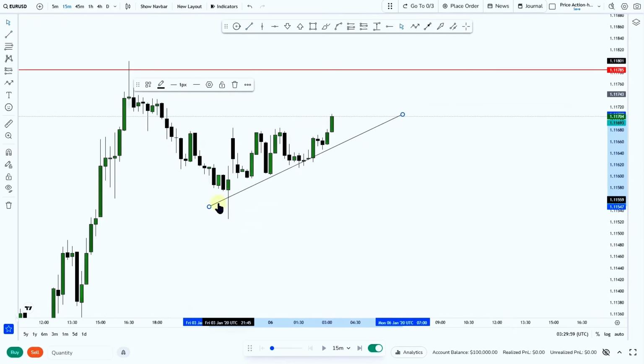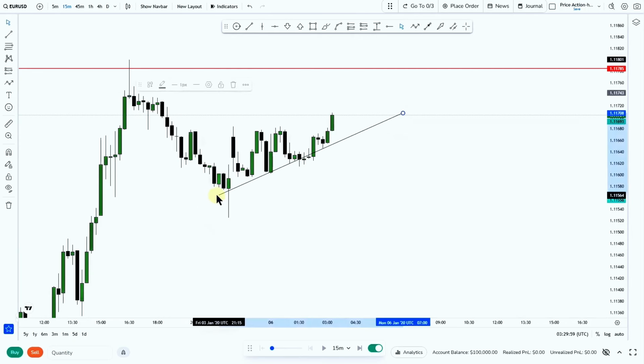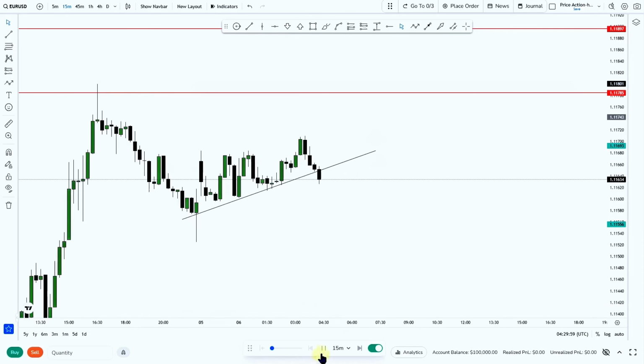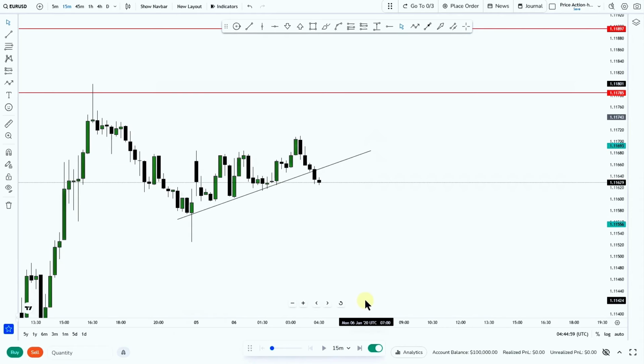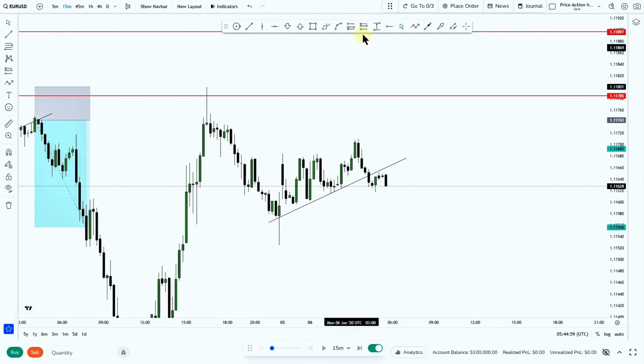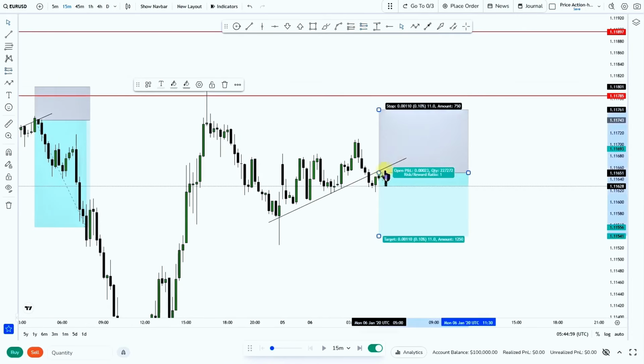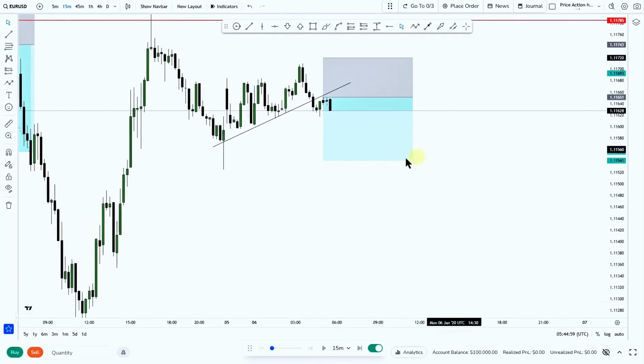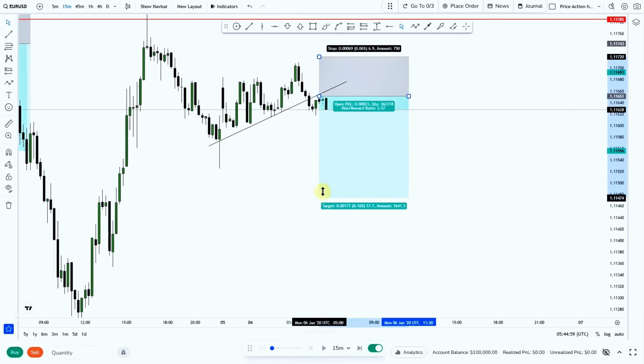So we connect the lows with a trend line again, wait for a breakout, and then enter at the retest. So we enter here, place our stop loss above the high, and as usual, target another 1:3 risk to reward.